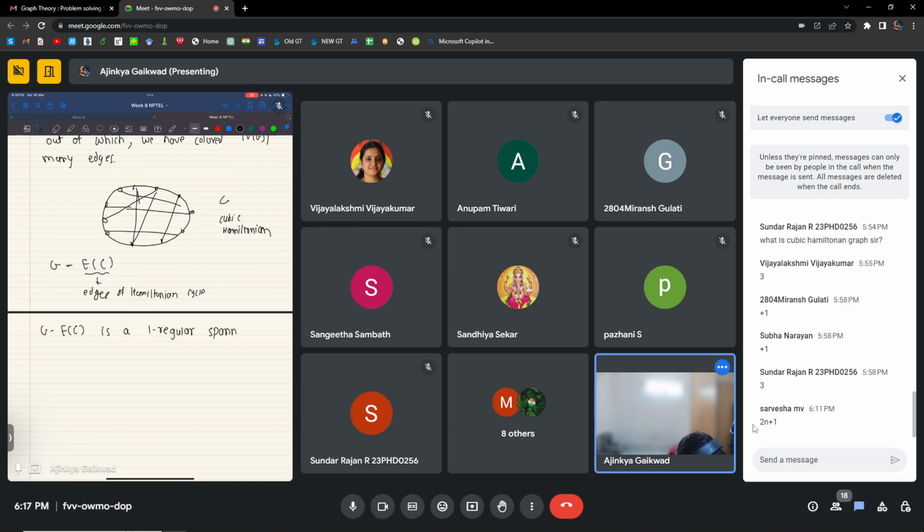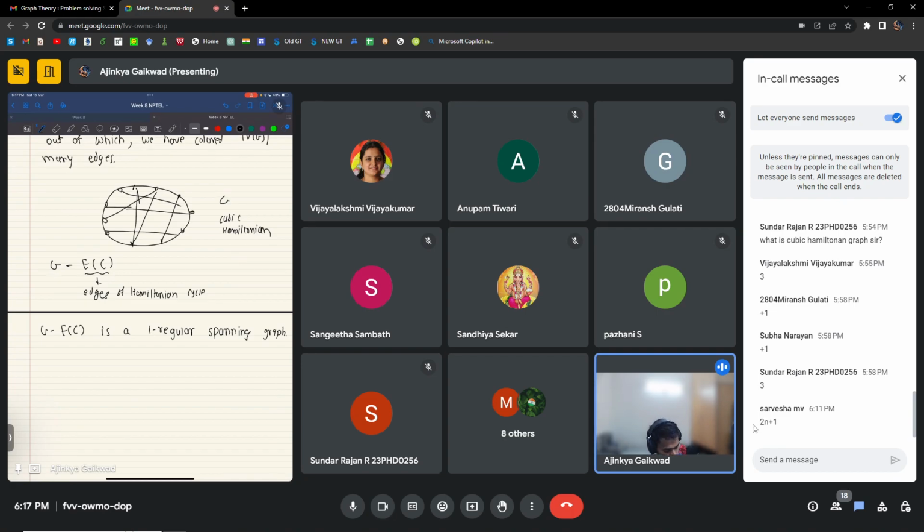Let me say what this is exactly. So there was a cycle, which is a Hamiltonian cycle. Every vertex appears on the Hamiltonian cycle by definition. Every vertex has two edges adjacent to it on that cycle, right?